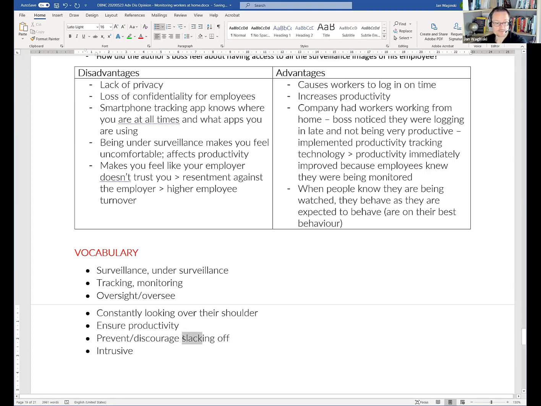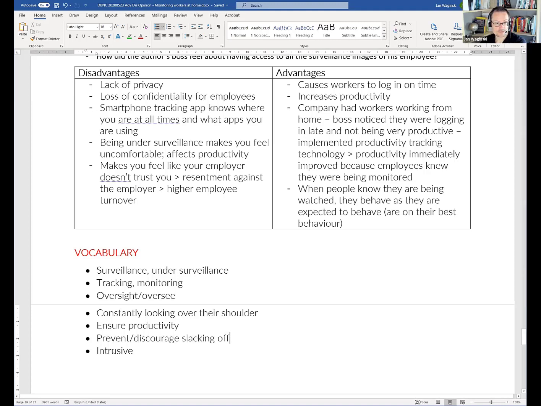Do you know what slack means? Slack means not tight. For example, a guitar string. If the strings are too slack, they don't make the proper sound, you need to tighten them.